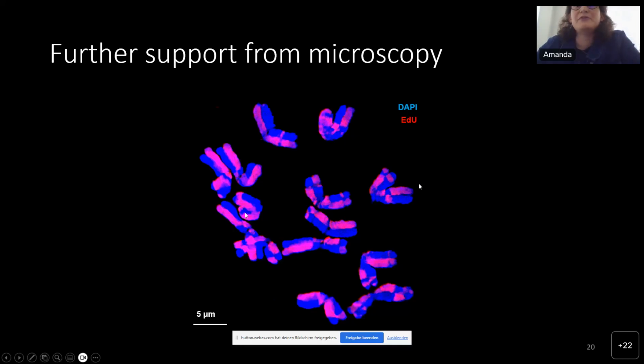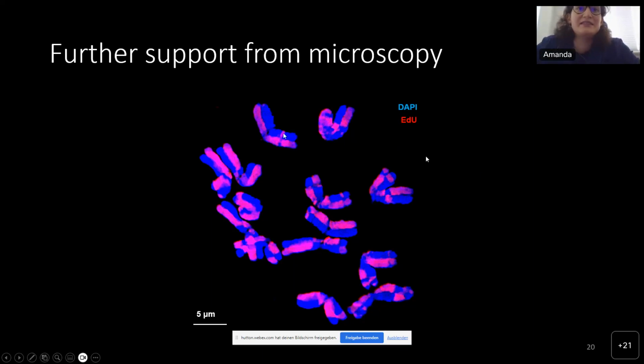And well, microscopy could give us further support in a different kind of experiment, which is called sister chromatid exchange. And it forms this Harlequin pattern. Before duplication, we put these different probes to color the duplicated chromatid.